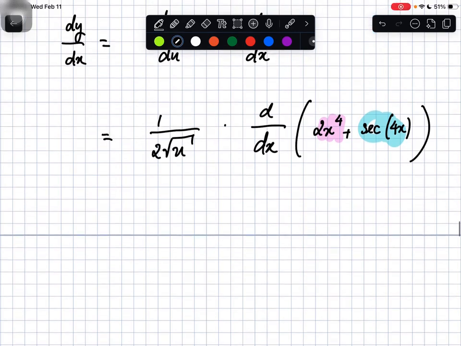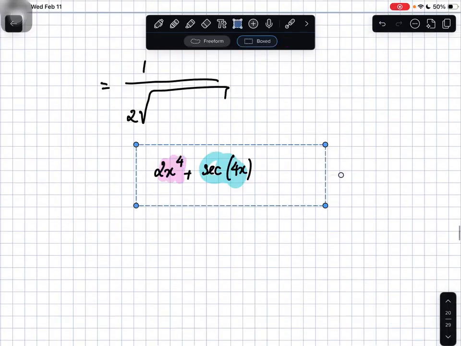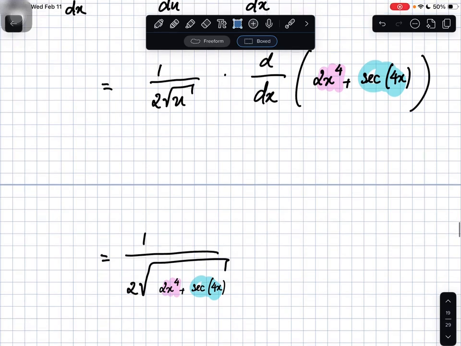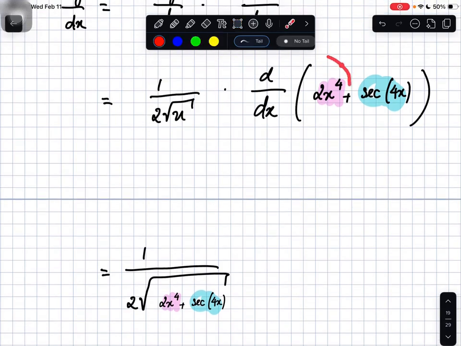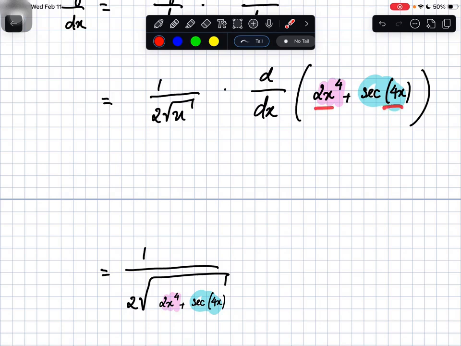So now this is 1/(2 square root of u) times d over dx of this. This one is the derivative of the first term plus the derivative of the second term with respect to x.